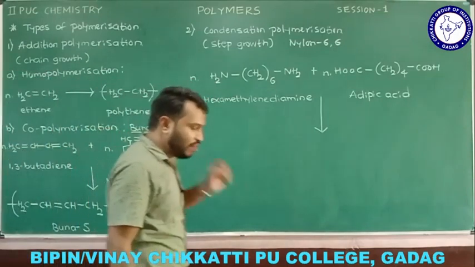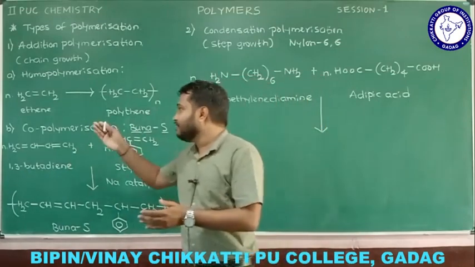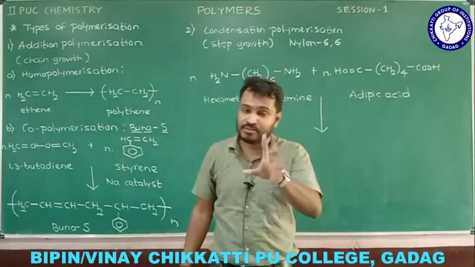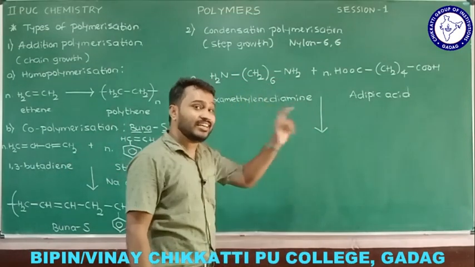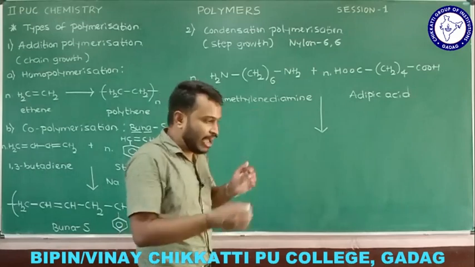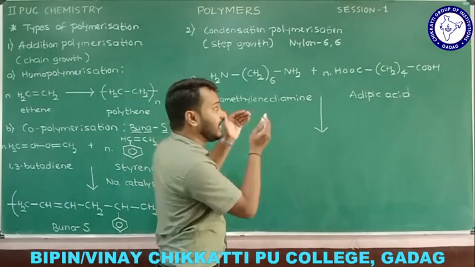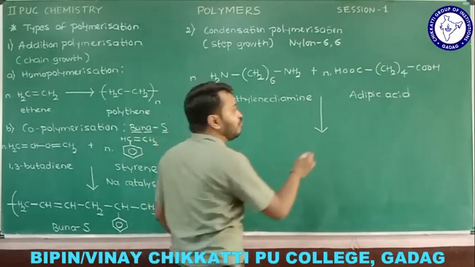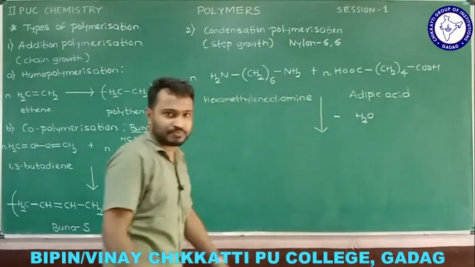Okay, and one more very important thing is, in case of addition polymerization, there will be no elimination of simple molecules like water, whereas in case of condensation there is elimination. Okay, you have to eliminate a simple molecule. And in this particular case, I am going to eliminate water. So you need to write minus H2O.